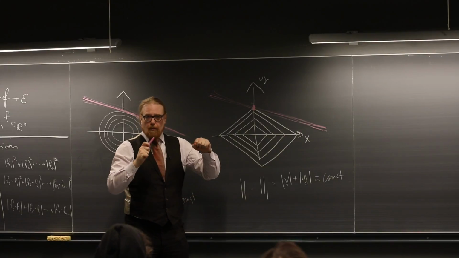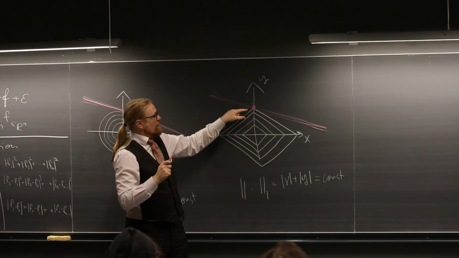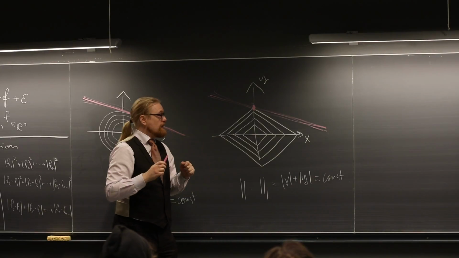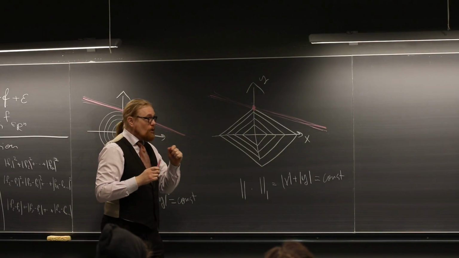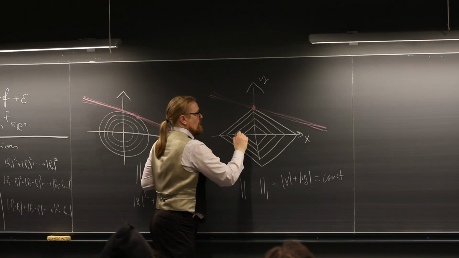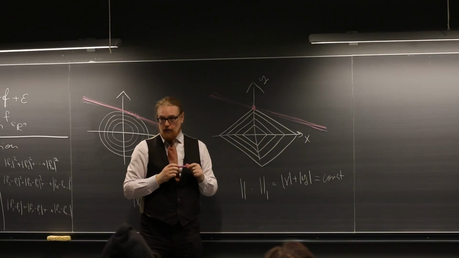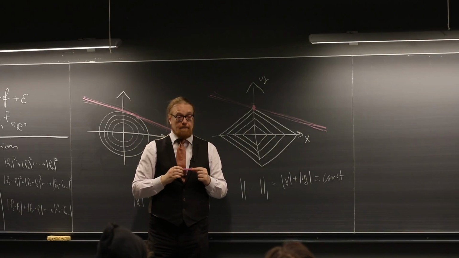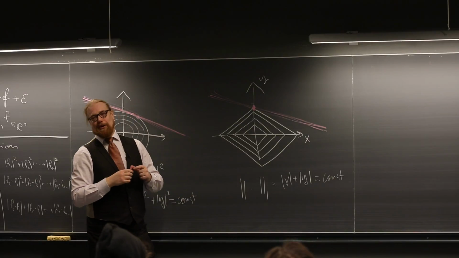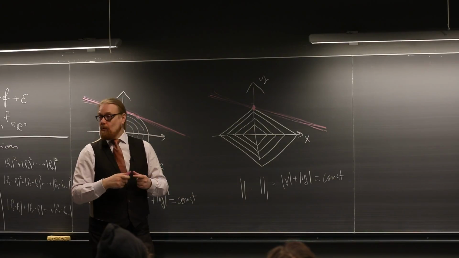Even if we perturb the problem a little bit with the noise, even if our line is a little bit shaking and moving because of noise and instability, nevertheless, all the solutions we get will have x component exactly zero. That's sparsity.